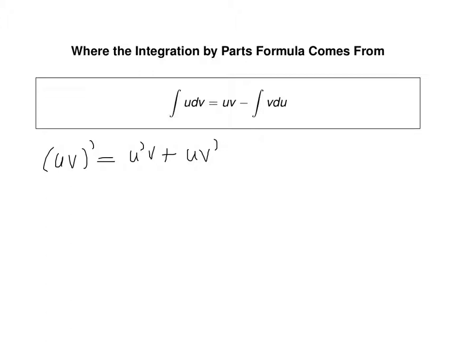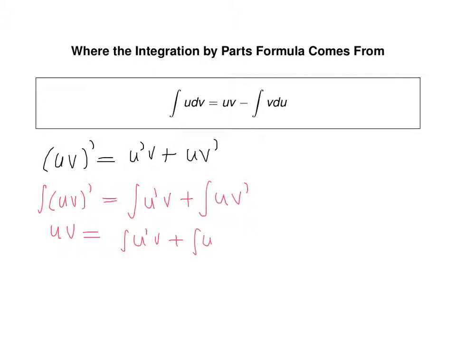Now if we antidifferentiate both sides, the antiderivative of the left side, the derivative of uv, is going to be uv, which equals the antiderivative of u prime v plus the antiderivative of u v prime.